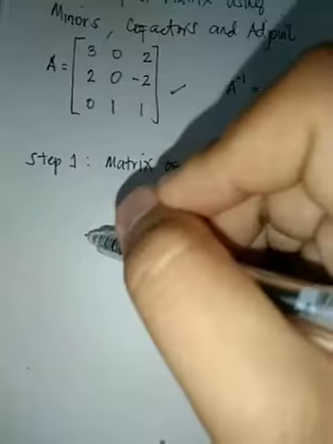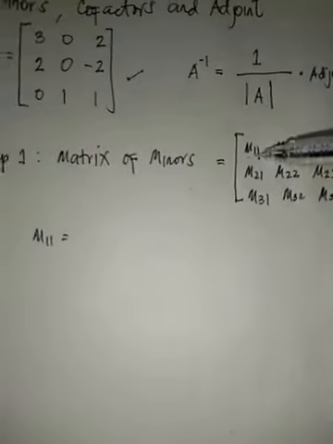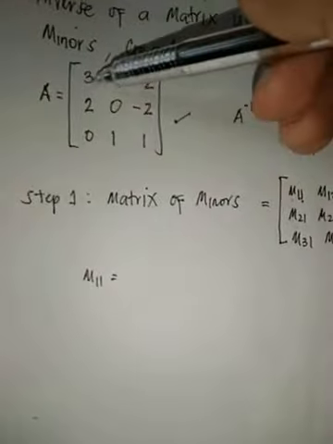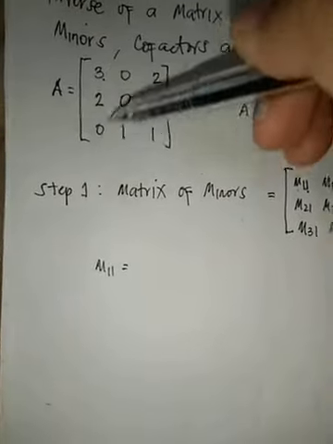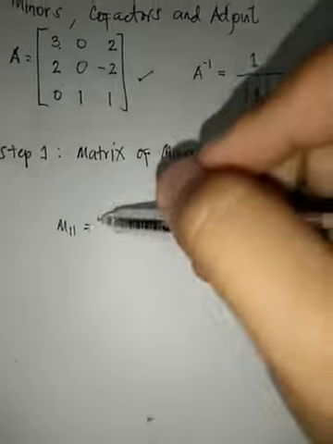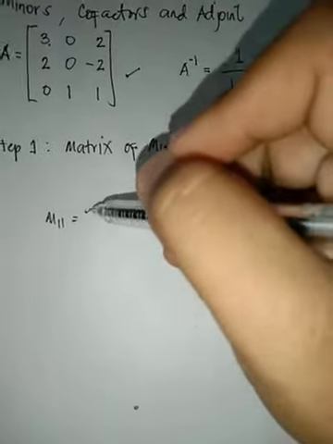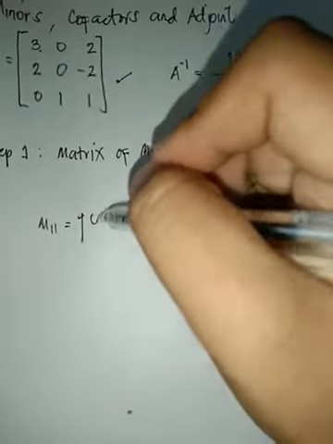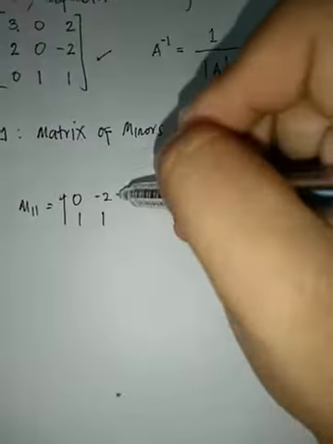Okay? So, ganito. For M11, nakatapat dito sa 3. So, disregard this first row, first column. So, ang naiwan niya is what? Yung ating 0, negative 2, 1, 1.